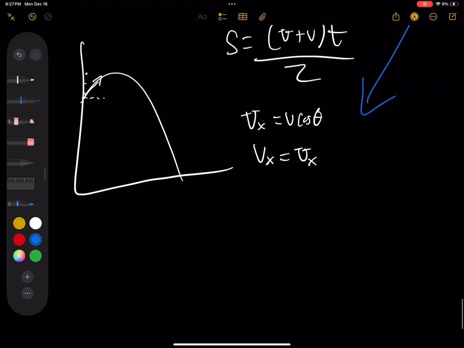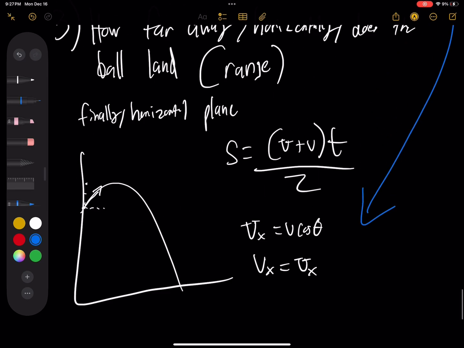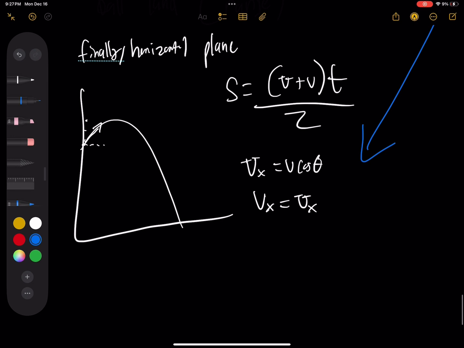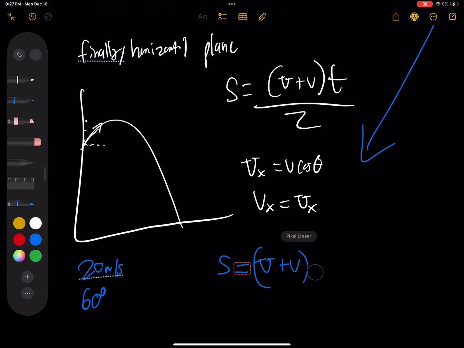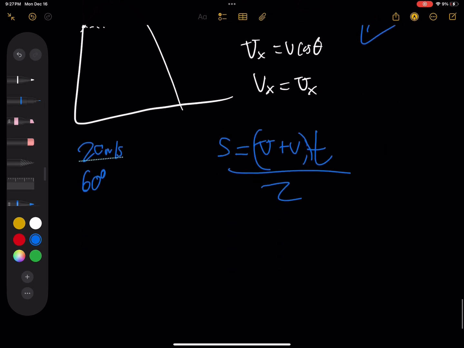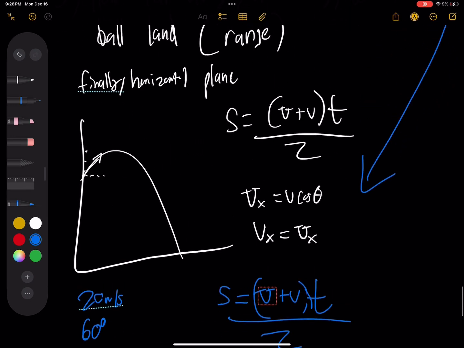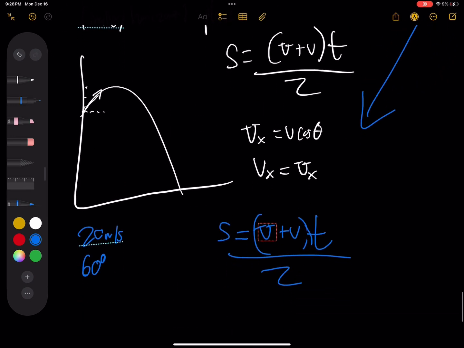Say we use the same things. We're going to be using, what are my constants? 60 degrees. So we have S equals U plus V times two. And then if we're looking for the range, we have the acceleration equal to 0.